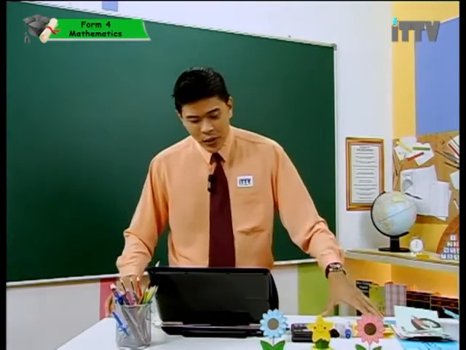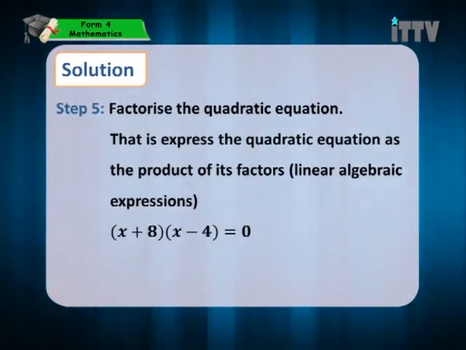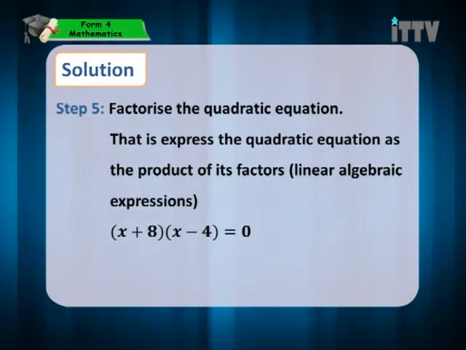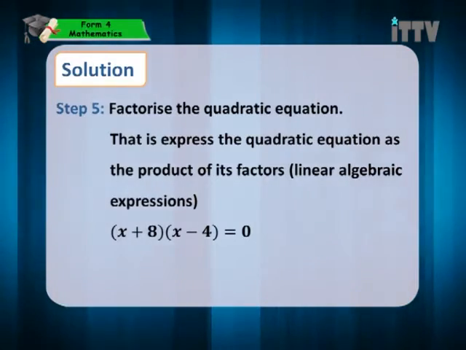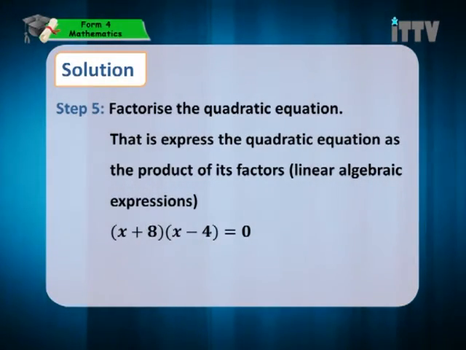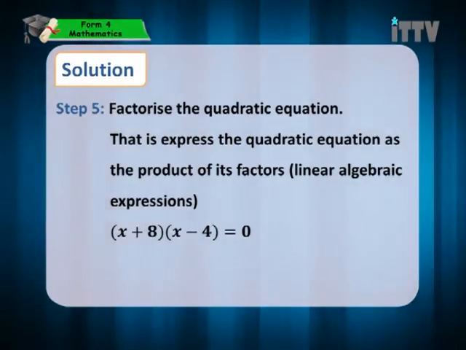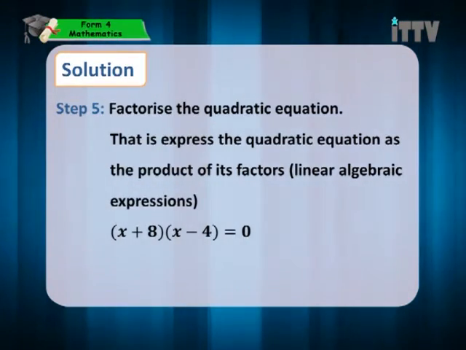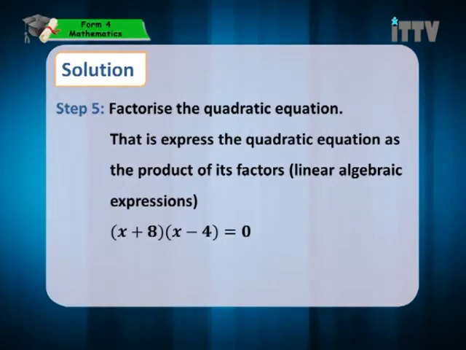And that brings us to step 5. Factorize the quadratic equation. That is, express the quadratic equation as the product of its linear algebraic expressions. After factorizing, (x plus 8)(x minus 4) equals 0.